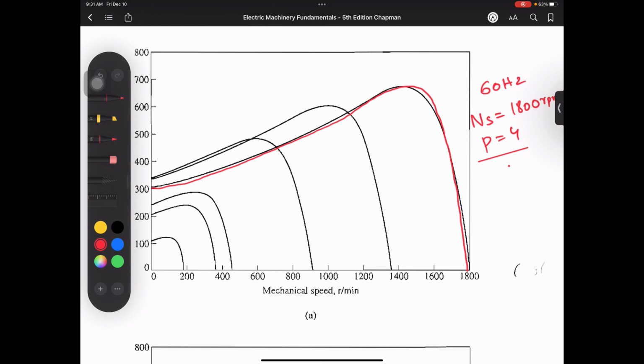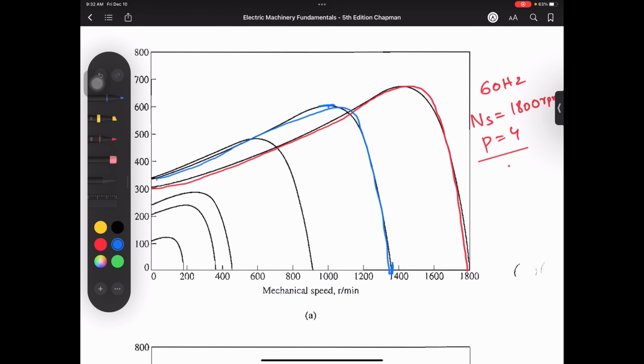Now when you are going to have a frequency change, what I have done here is, the frequency is closer to, no, we don't have the exact value, it is something like 1350 or 1375. Now what you can see over there, when you are changing the frequency, the curve changes to this shape, and this shape has a smaller pull-out torque.